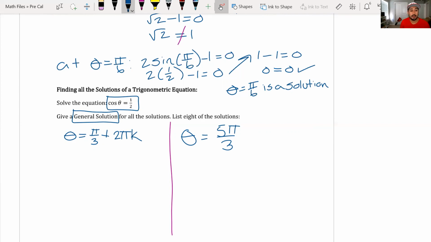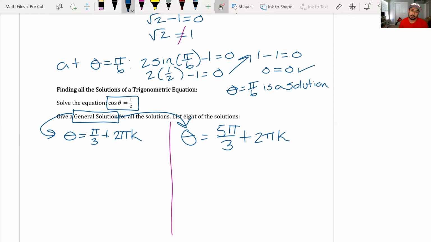Because 2 pi is the revolutions of cosine. And k represents any integer, which means we do the same over here. Plus 2 pi k. Now these are called the general solutions, right? That's a general solution for theta.